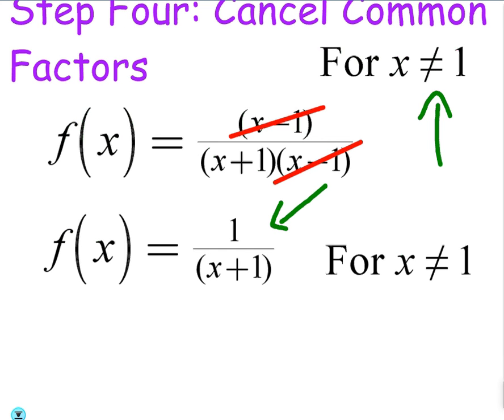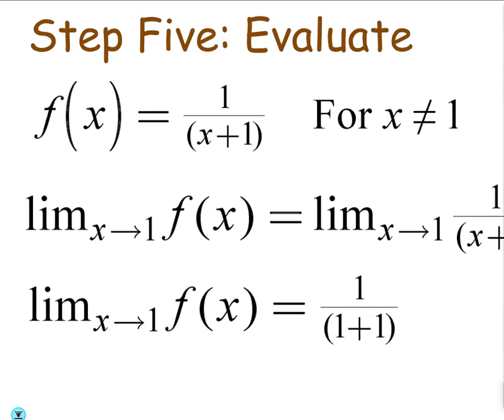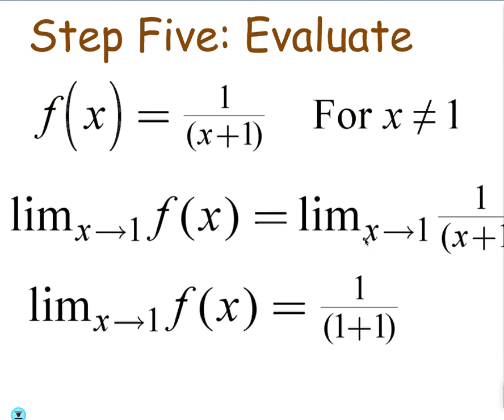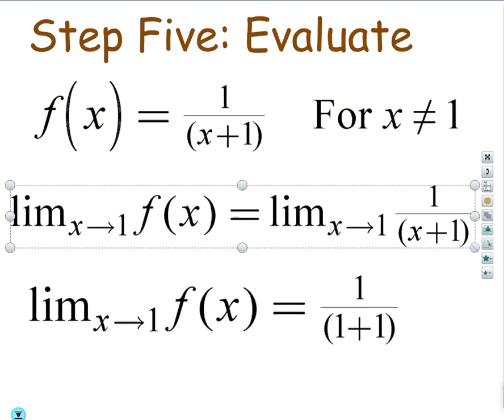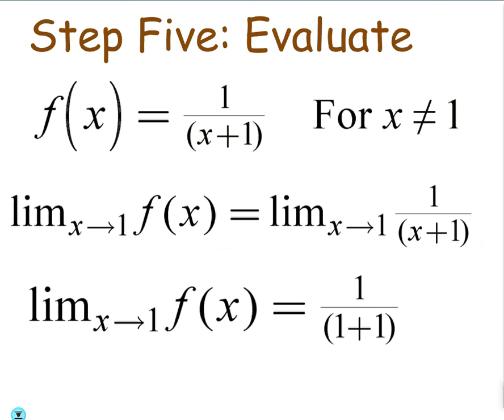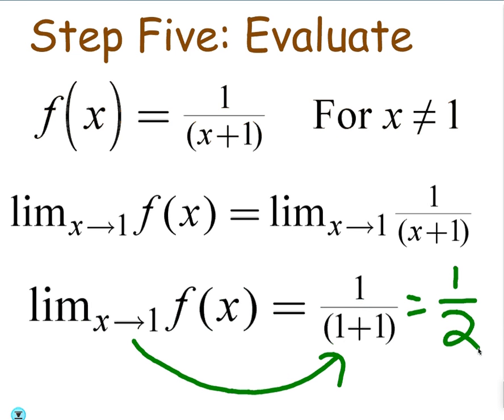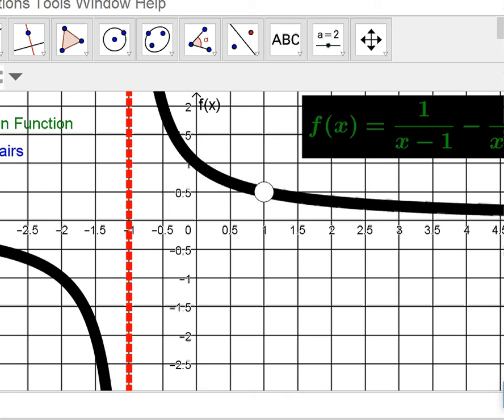Huh? 1/2, good. Final step is to evaluate. So we're taking this limit value, we're plugging in for x, and I can just write this at the end here without going to the next. It gives us 1/2. So the limit as x approaches 1 is going to be equal to 1/2.